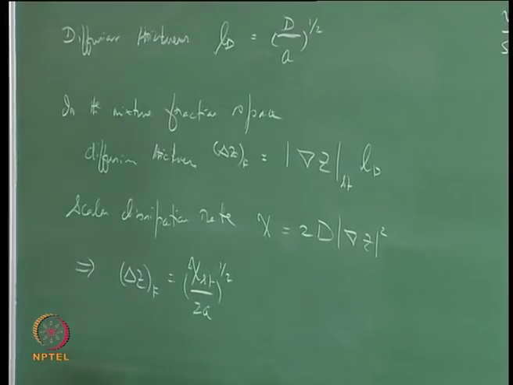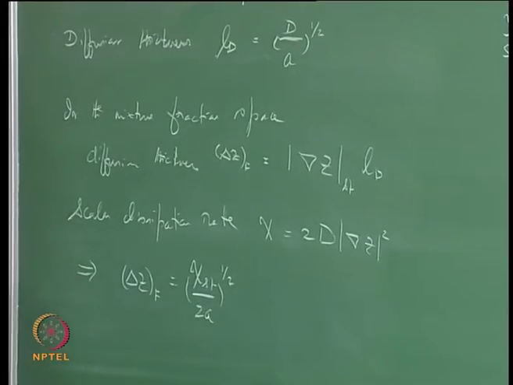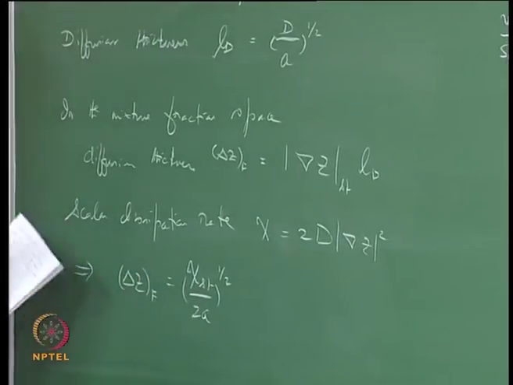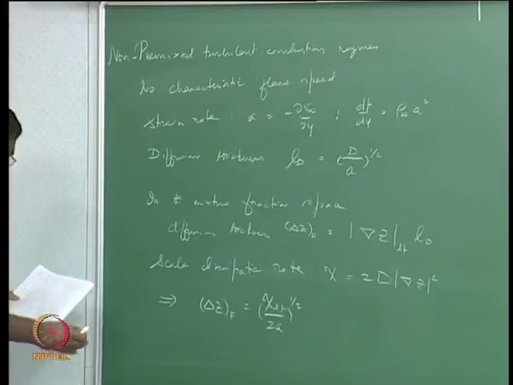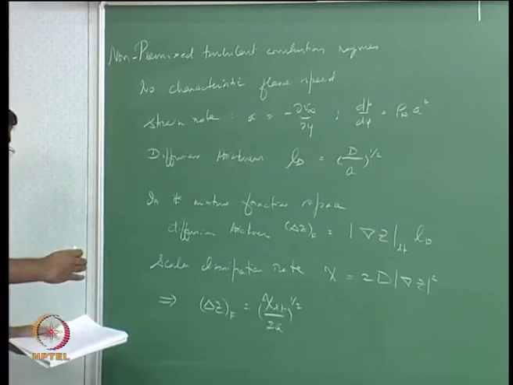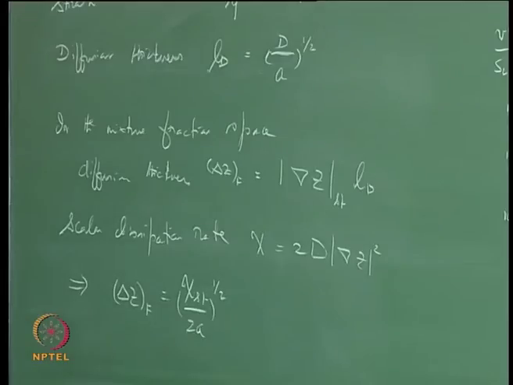right. Now if you want to just make this a bit simpler, what you can do is expand χ_st about Z_st for small values of Z and then approximate. Let's say the Z is not varying too far out from Z_st, right, and then χ depends on Z, therefore you expand χ about χ_st for small values of Z. That's like a Taylor series approach.